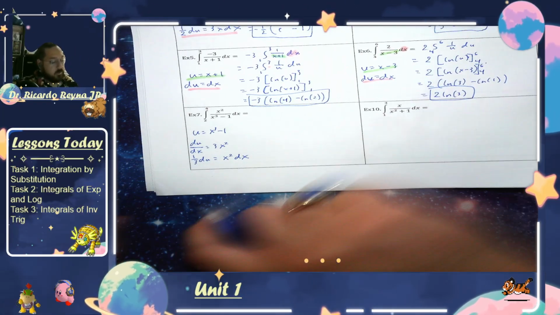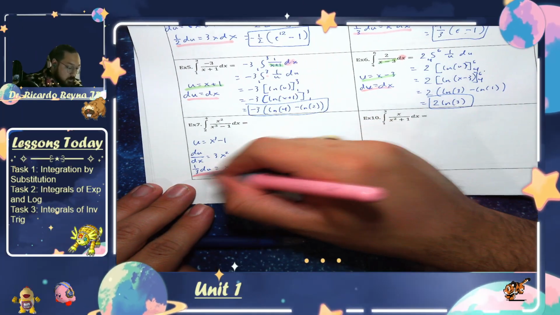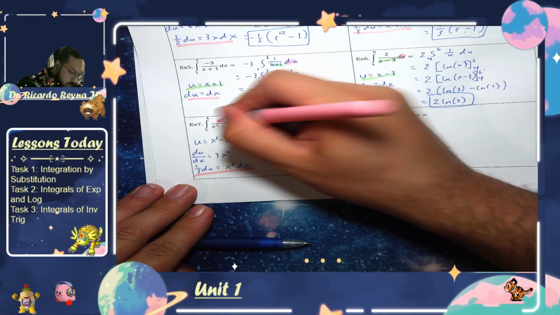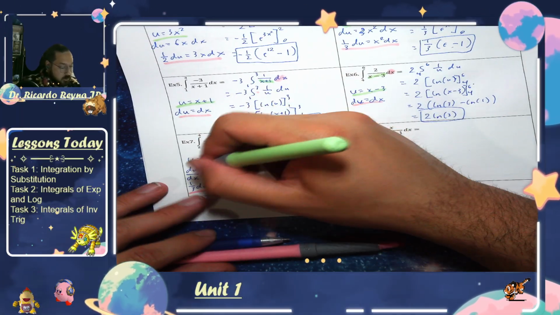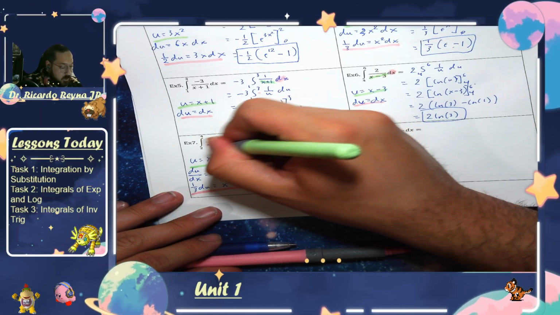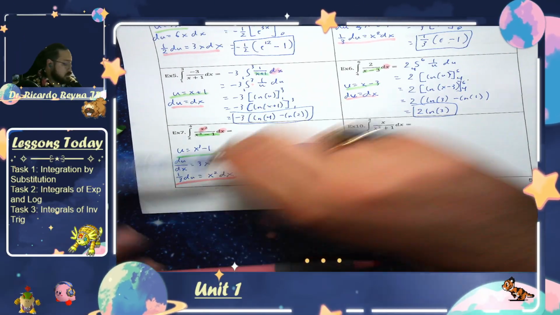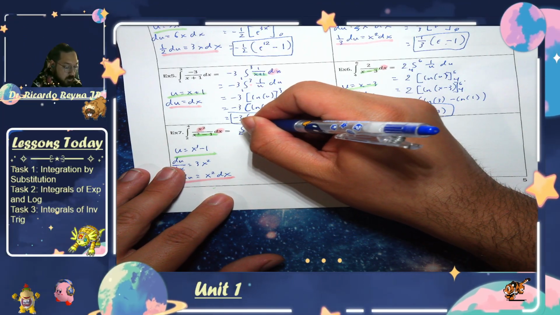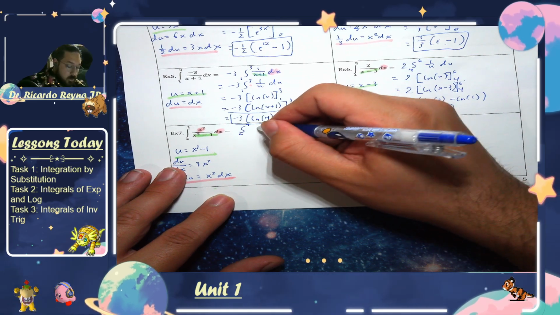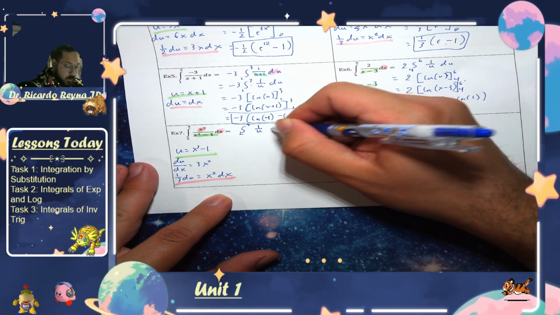We get this as our full expression. So I'm going to take that x squared and that dx, and I'll replace it with 1 over 3 du. And I'm going to take this to be u, so 1 over u du.